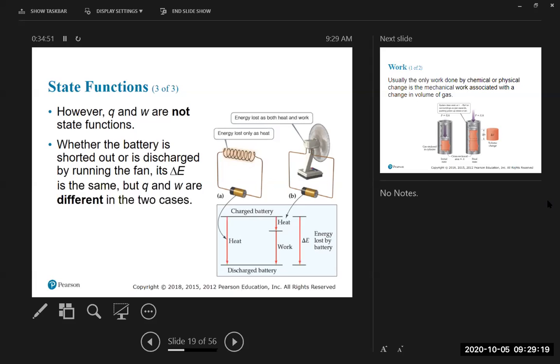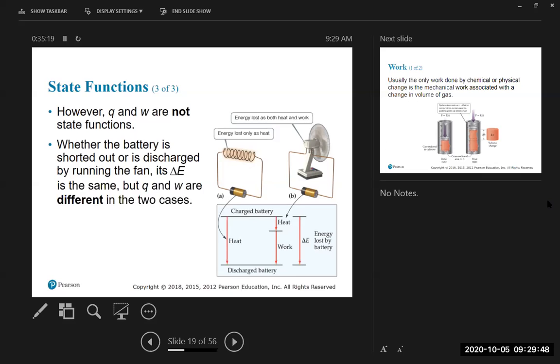And then on the right, you have a fan that the battery is going to power. If you hook the battery up to those two things, all that's going to happen on the left is the battery is going to discharge and it's going to heat up that coil. So the energy transfer from that battery just is heat. You're generating heat that's lost through that coil. So it's giving off heat that way.